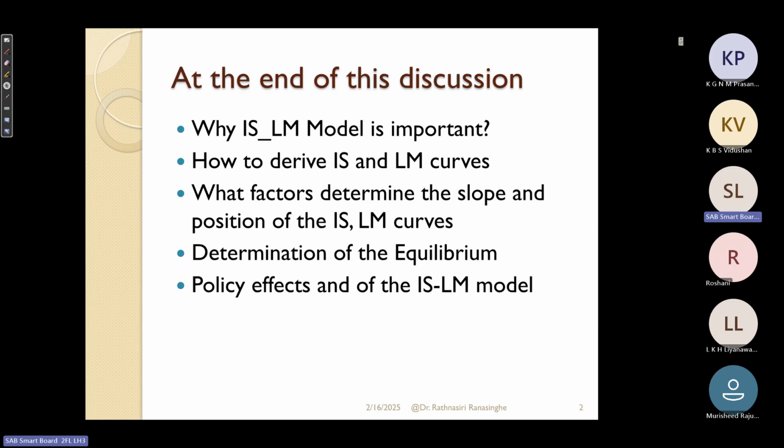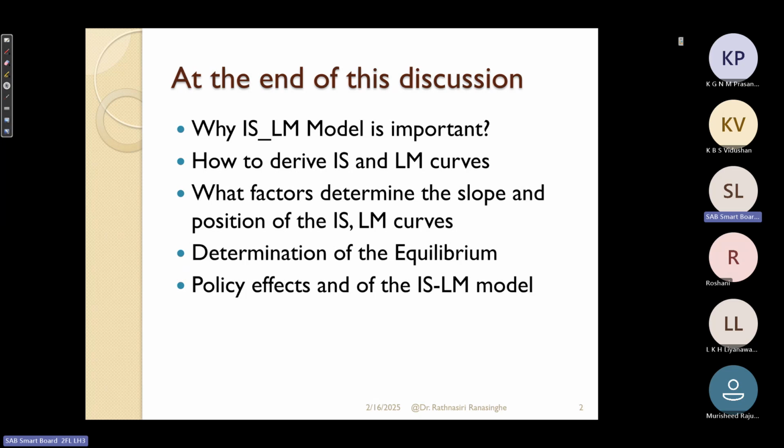How the equilibrium is determined with the interaction of the real sector and the monetary sector is done through this model. The Keynesian theory looked only at the demand side, the real sector. By analyzing the real sector alone, we cannot give a clear idea about the overall behavior of income determination.